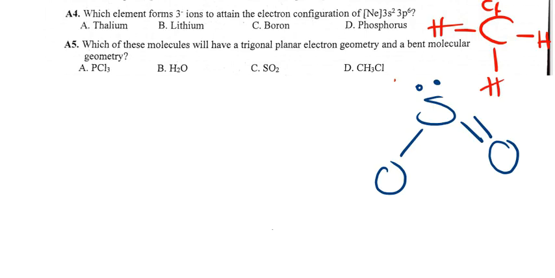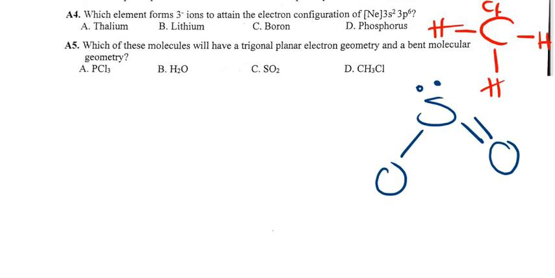Now for sulfur dioxide, just a correction on this structure. This is supposed to be a double bond for a better structure, the most desirable Lewis structure, unlike what I said previously, because the formal charges are zero for all three atoms. So with the lone pair electrons, the electron geometry, since we've got three parts, is trigonal planar.